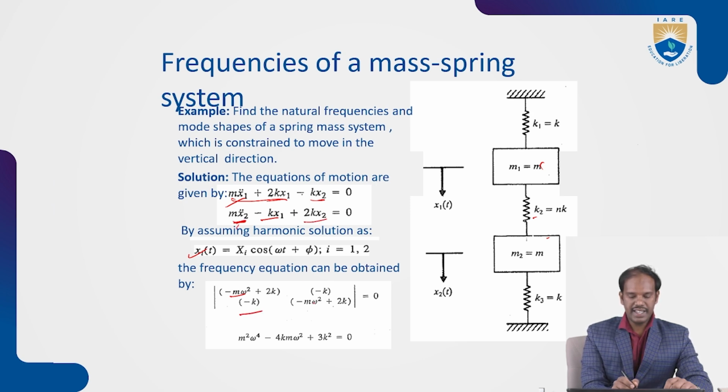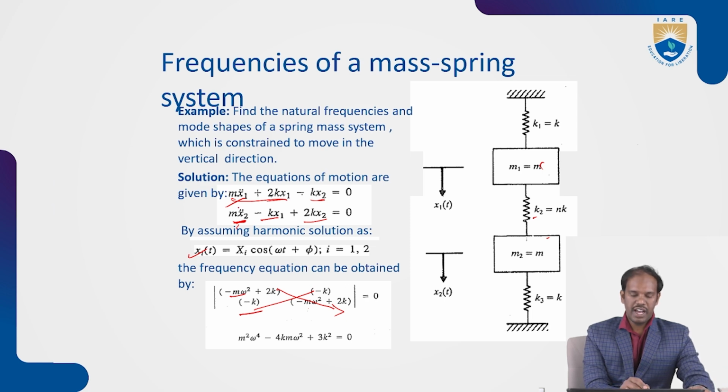Here we have m minus omega square plus 2k. The stiffness is taken diagonally and the masses are taken diagonally here. So now this equation form can be obtained by using this harmonic motion, and the frequency can be obtained by using this matrix form.